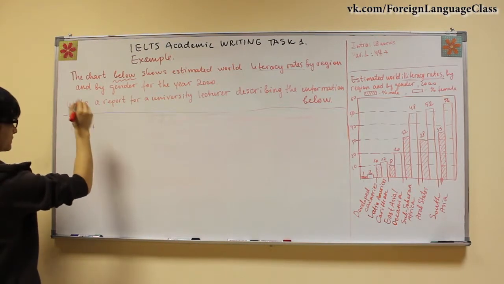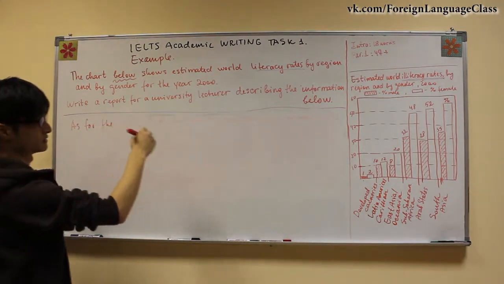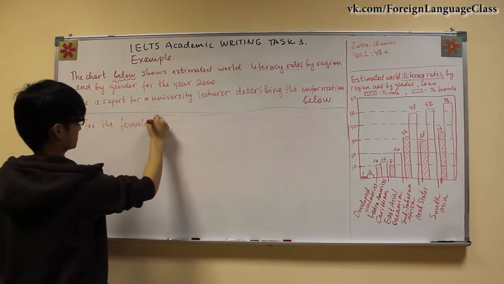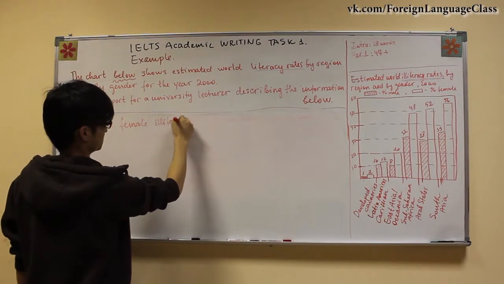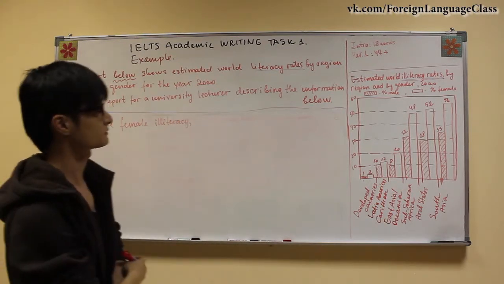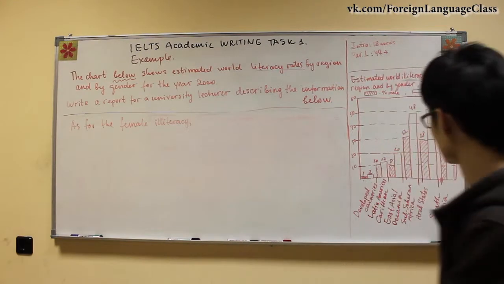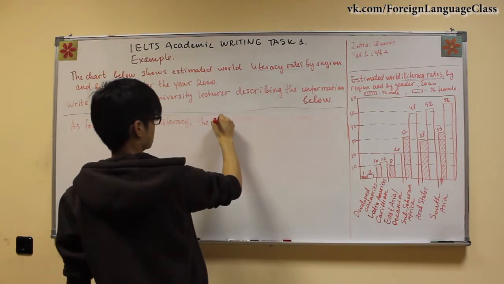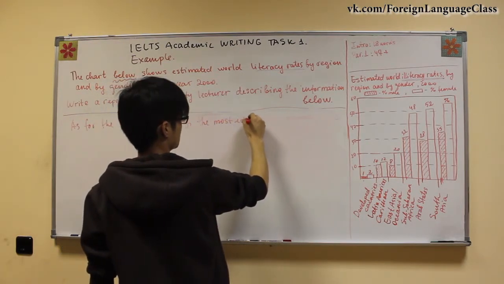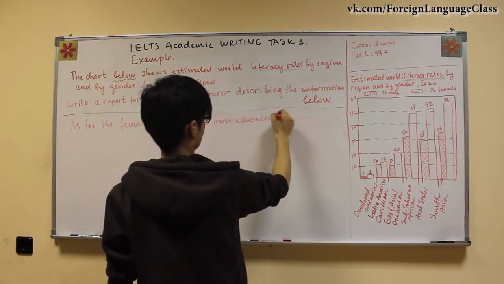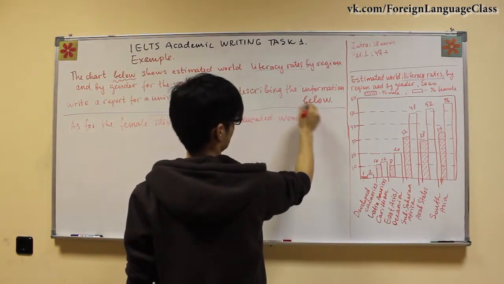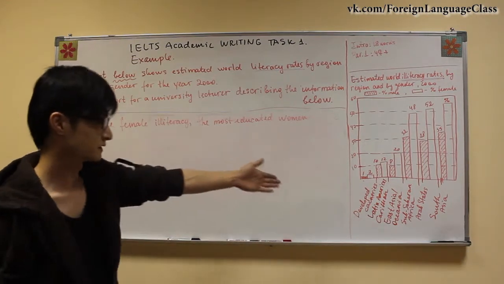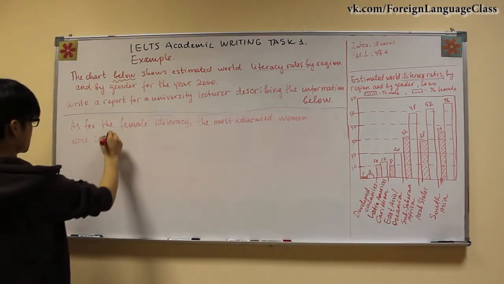As for the female illiteracy, the most educated women were in, again, the developed countries, Latin America, Caribbean, East Asia, Oceania.